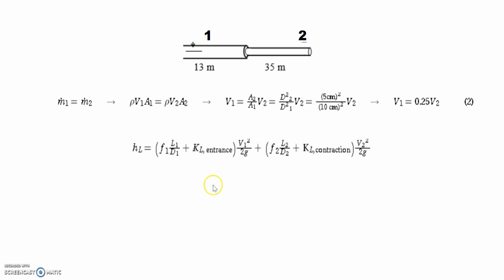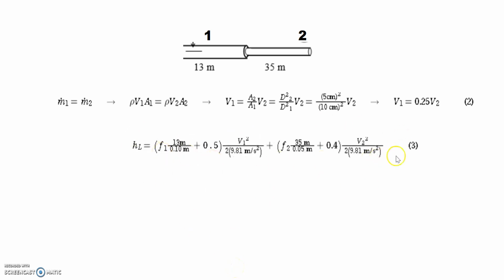For equation number 3, we start writing the head loss for our system of two pipes. So the head loss would be the sum of the major head losses and the minor head losses. Once we input all the known values in this equation, we simply get the total head loss as this. Let this be our equation number 3.